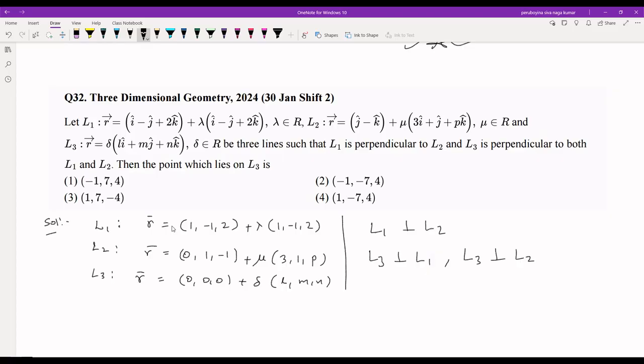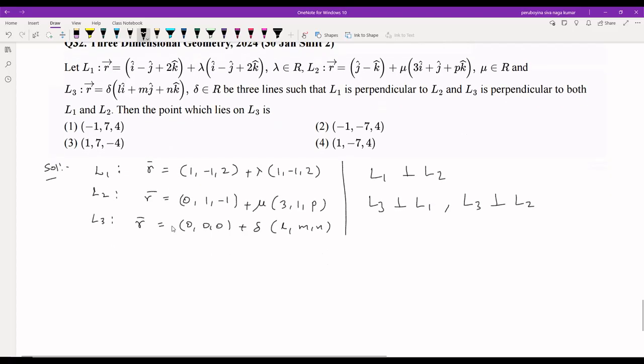Okay. The first condition is what? L1 perpendicular to L2. That means look at the DRs 1, minus 1, 2 and the second line DRs 3, 1, P, and make it 0. There we will get the P value. So condition 1: L1 is perpendicular to L2.